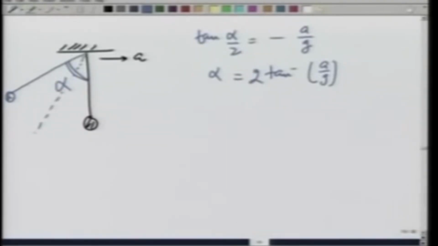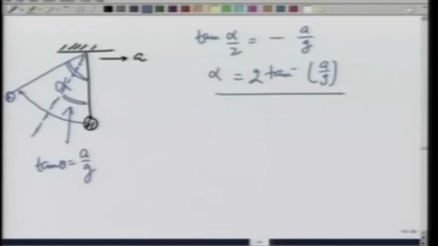This has a beautiful interpretation. Remember earlier, this was the angle which has tangent theta equals a over g, that angle where the new equilibrium point of the pendulum was. So, in a way, the pendulum has swung across the equilibrium point by as much angle as it was away from it on one side, and this is a solution that we have gotten by solving in an inertial frame.